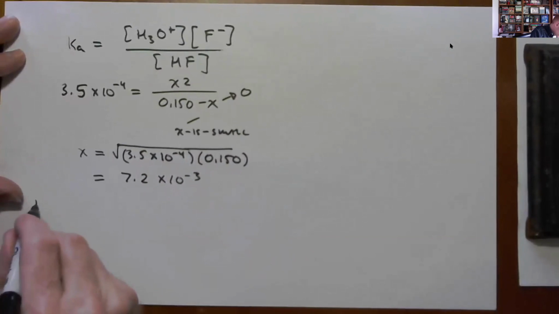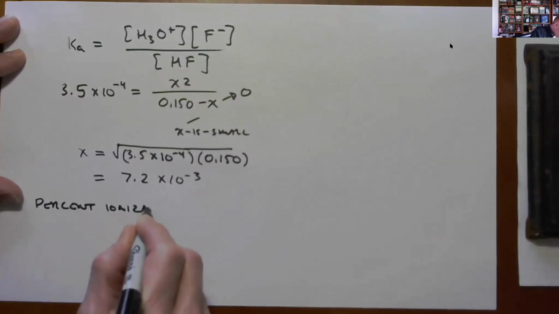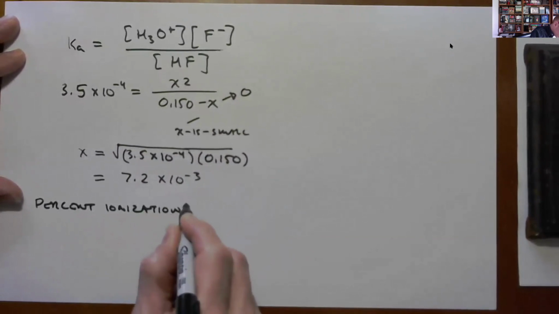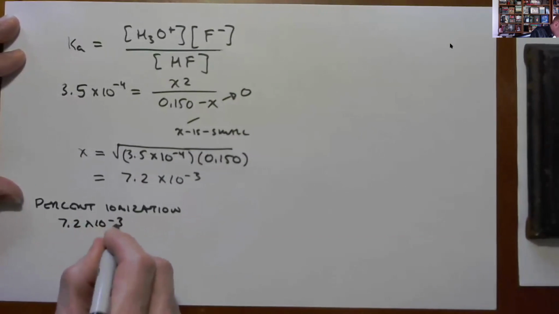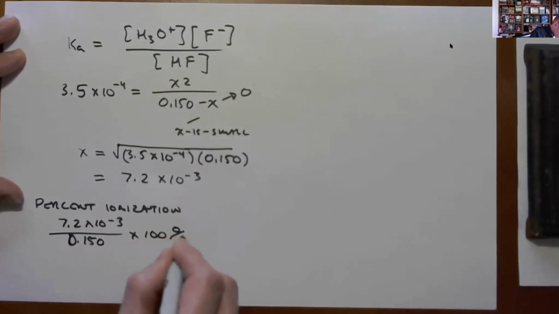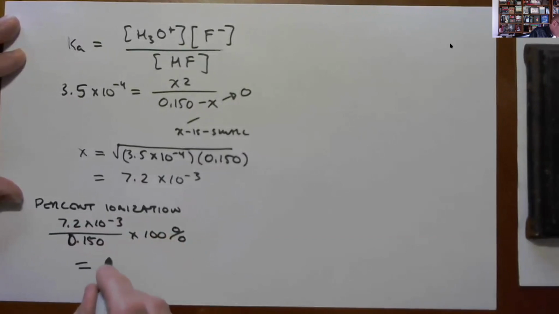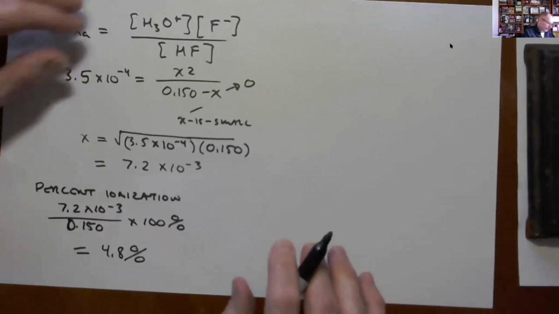And the percent ionization is less than 5%. 7.2 times 10 to the minus 3 divided by 0.15. Ooh, well, just barely, 4.8%, just barely. Okay, but still, we're gonna go with it.